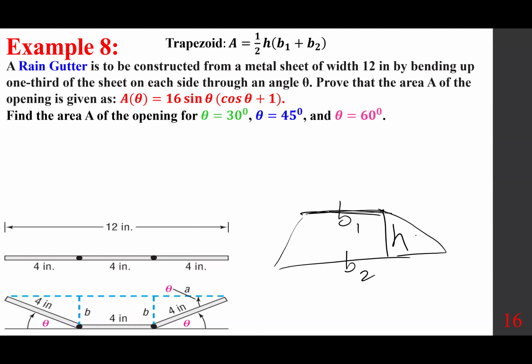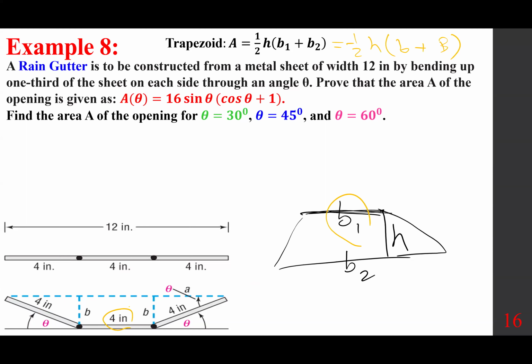Of course, this is inverted compared to what I have. So B1 is the smaller side, and B2 is the larger side. In some texts, of course, they use lowercase. They might use 1/2 h times lowercase b plus uppercase b. It doesn't matter. In any event, so now we are going to find, so we have the B1.